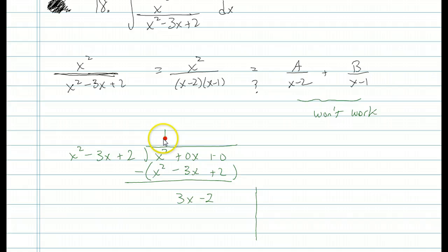That's the number 1. We multiply x squared by 1 to get x squared, and then multiply each term by 1, we get x squared minus 3x plus 2, and we subtract that from the dividend to give us our remainder, 3x minus 2. Now in this case, the remainder has smaller degree than the divisor, so we're done. We can't divide it anymore.